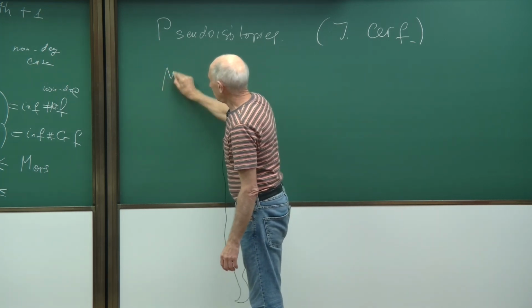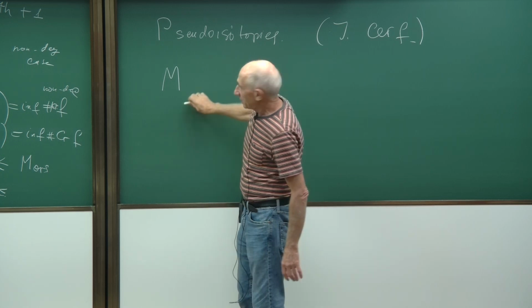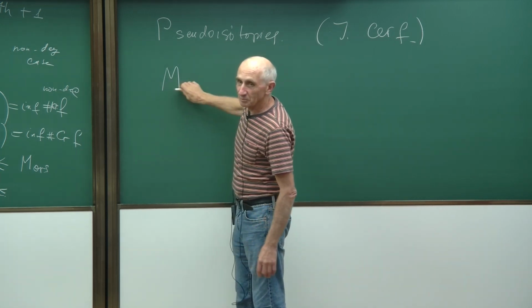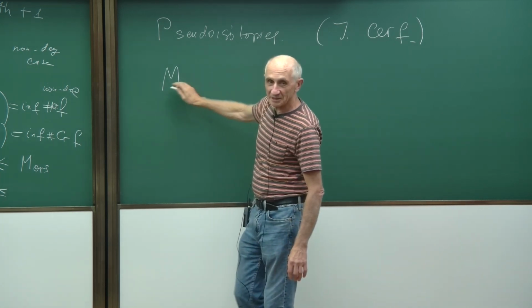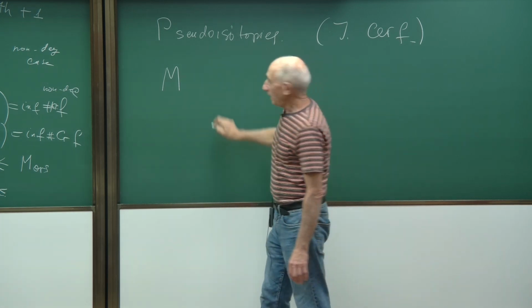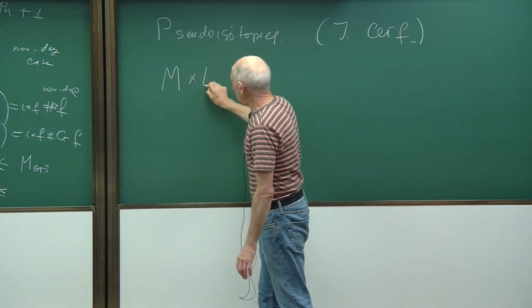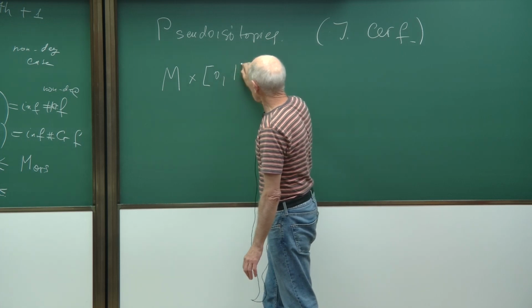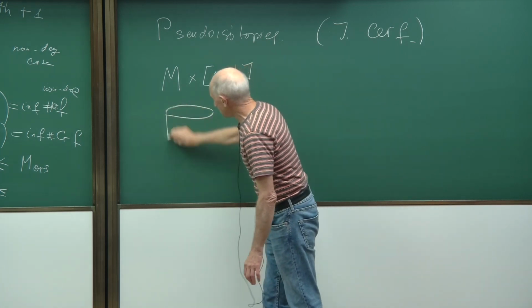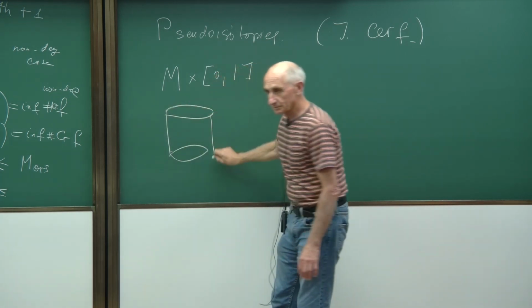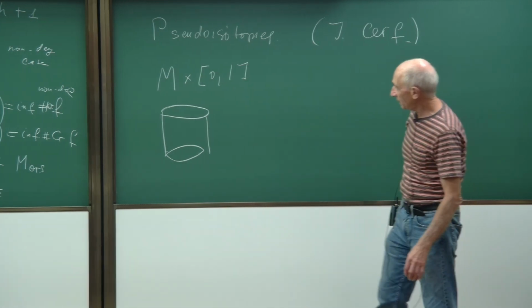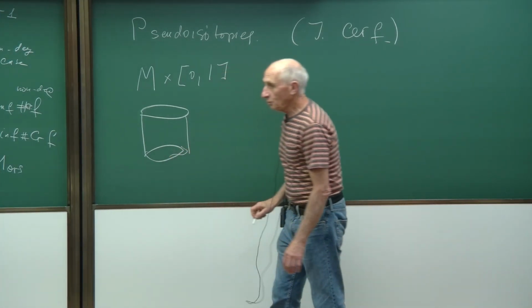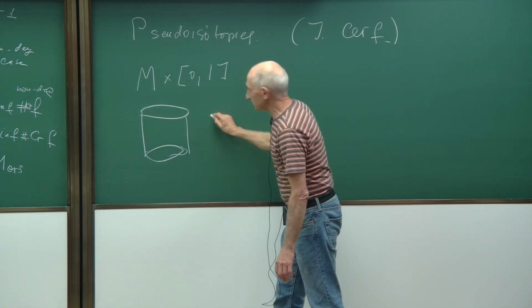You take a manifold, and it's important that it may have a boundary, but to start I suppose it's closed. You take M cross interval. So you take this cylinder, and now you consider a diffeomorphism of it.